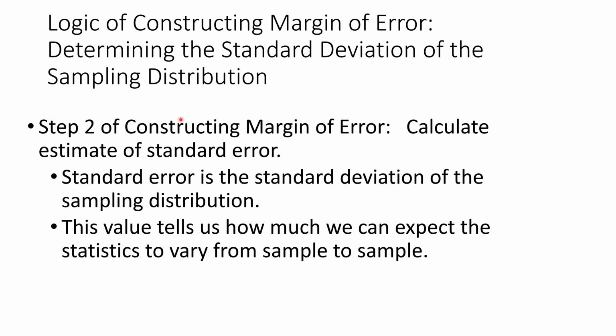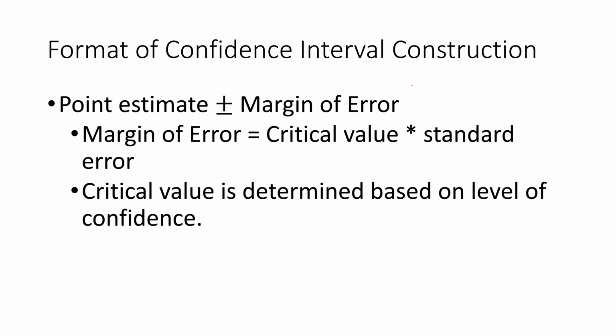Step 2 of constructing margin of error is to calculate an estimate of the standard error. Standard error is the standard deviation of the sampling distribution. This value tells us how much we can expect the statistic to vary from sample to sample. This is the format of confidence interval construction.